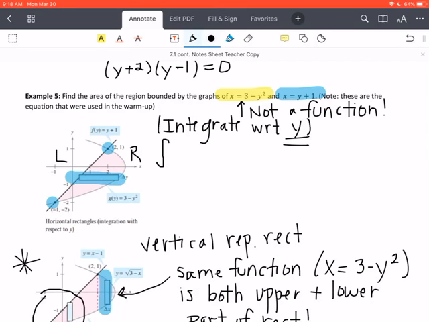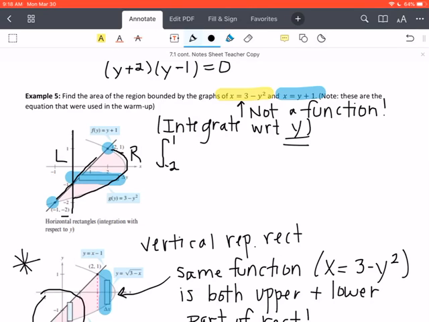If we look on our y-axis number line here, we are going to look at -2 to 1 being our limits of integration, again looking at those y values. So now we are thinking about the upper part of the shaded region; we're not looking at up and down, sorry, we're looking at right versus left.